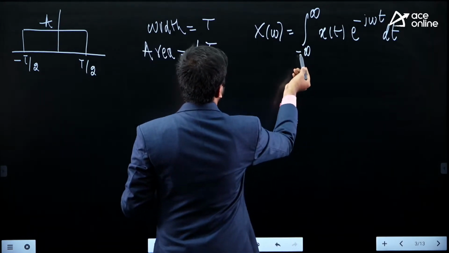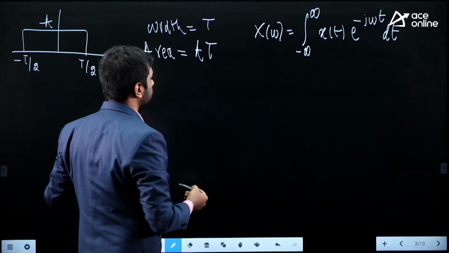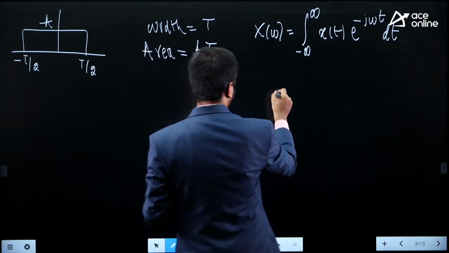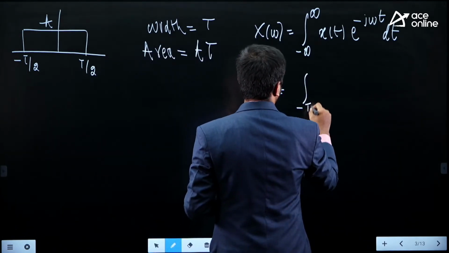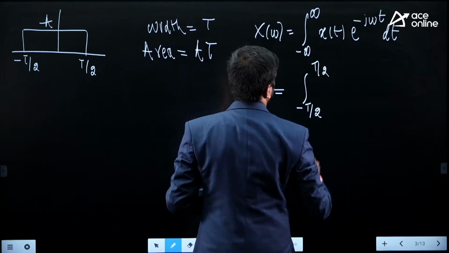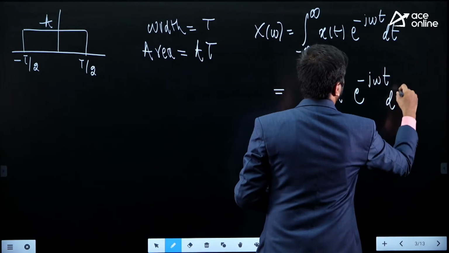The limits are from -∞ to ∞, but the signal is only from -T/2 to T/2, so no need to write from -∞ to ∞. Just write it from -T/2 to T/2, A e power minus j omega t dt.